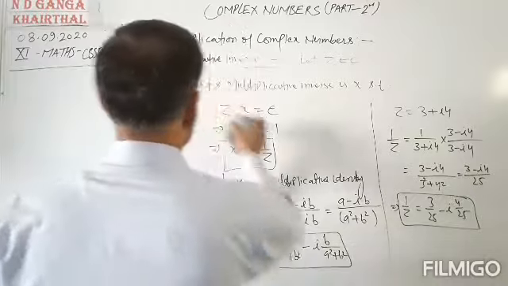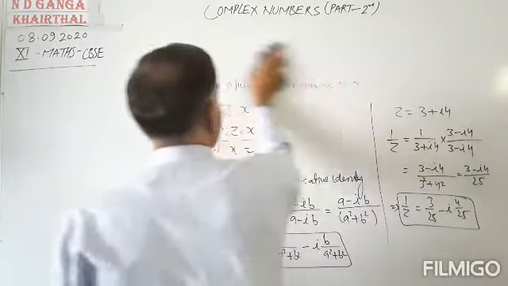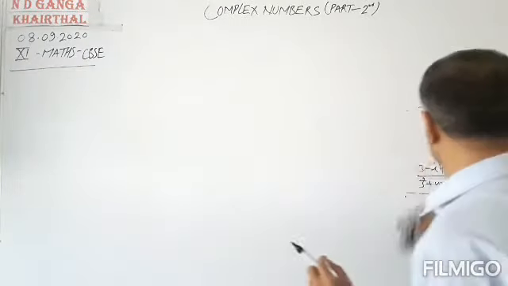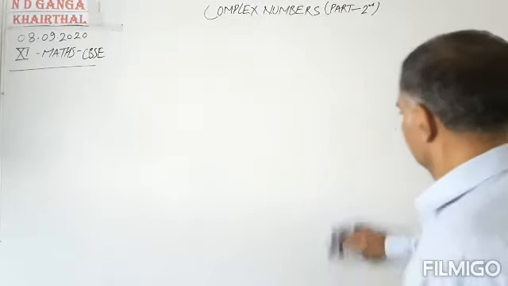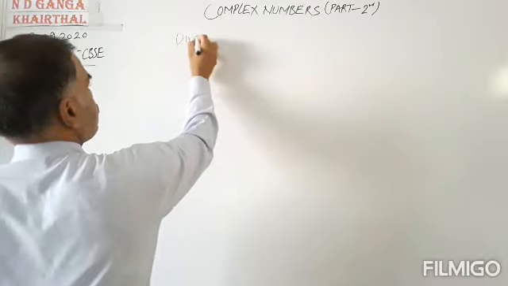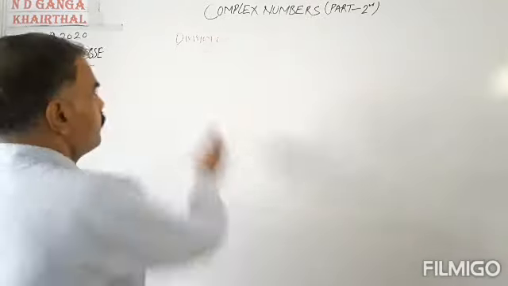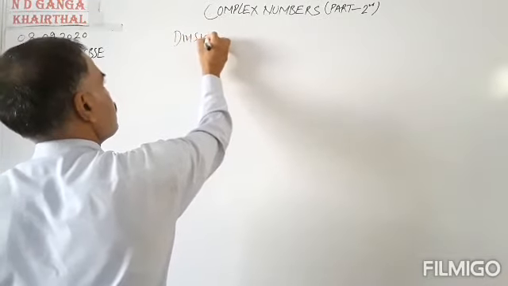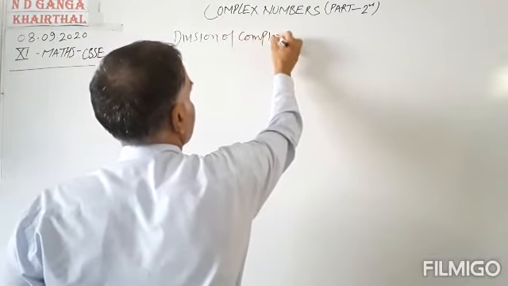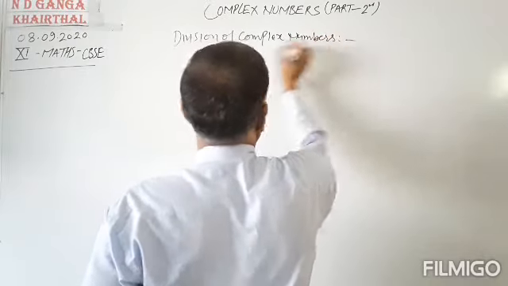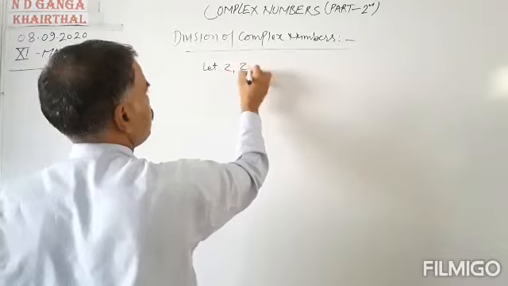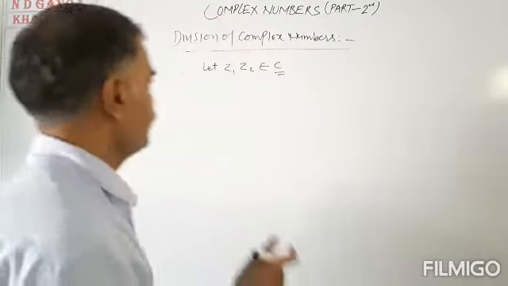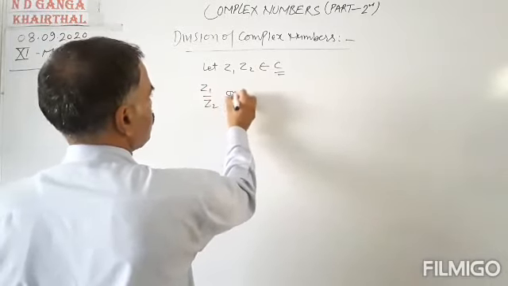Division of complex numbers. Suppose that z1 and z2 are two complex numbers, that is, z1 and z2 belong to the set of complex numbers C. Now division is given by z1 upon z2 or z2 upon z1.